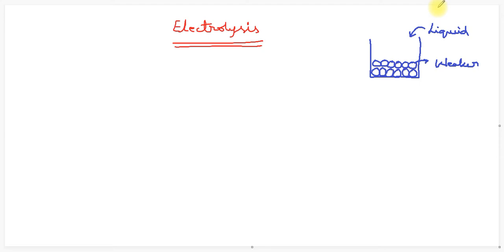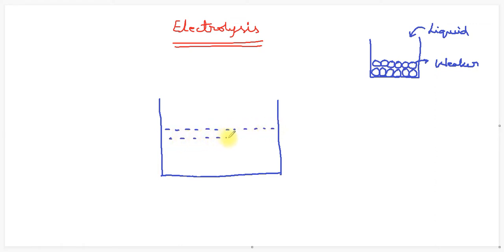Okay, to break that into some ions, let's take this explanation a little forward by taking one more bigger beaker. The same thing I poured in here, and it is in a dissolved state. That means it is like a liquid state or molten state.